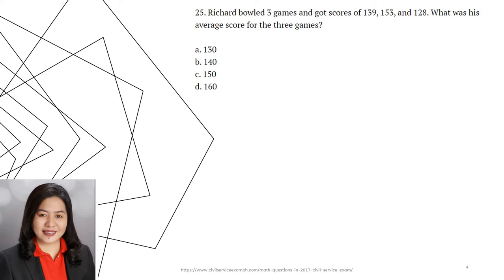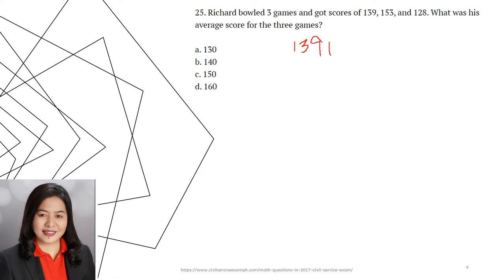Next number, Richard bowled 3 games and got scores of 139, 153, and 128. What was his average score for the 3 games? Average is a combination of two operations, that is addition and division.